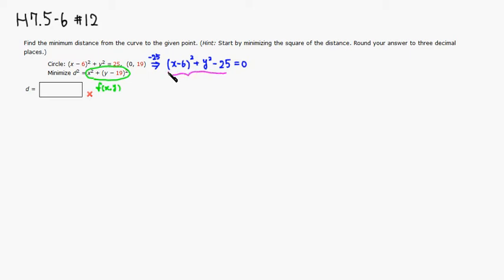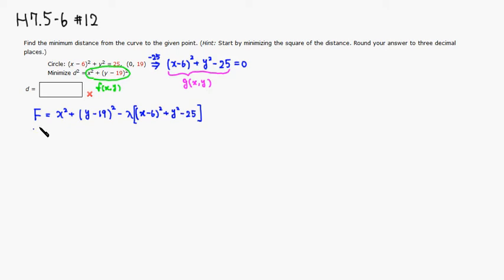So what we can do is construct the capital F function, which is just x squared plus quantity y minus 19 squared minus lambda times g of x, y, which is, let's see, I have to put the square bracket here, x minus 6 squared plus y squared minus 25.